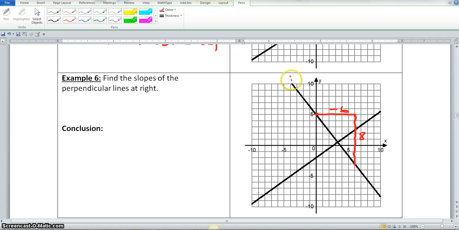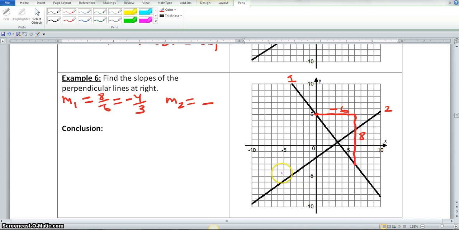So we would make this line 1, and we would make this line 2. So the slope for line 1 will give us the rise is 8 over -6. And we can simplify that by dividing both by 2, and it'll be a -4/3. So that's the slope of line 1. So now we need the slope of line 2.